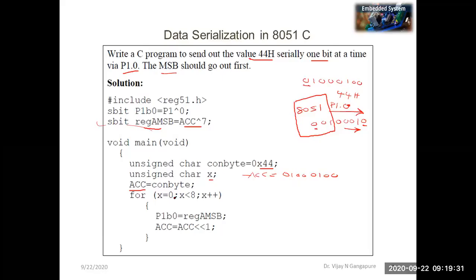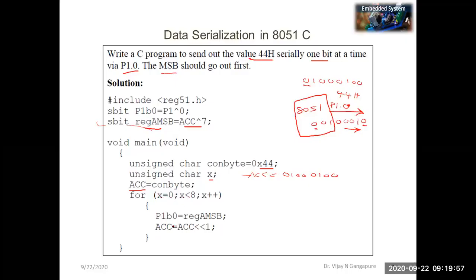For x equal to 0, x less than 8, x plus plus, means this for loop will be executed until the value in x is less than 8, starting from x equal to 0 to 7. So this loop will be repeated. These statements inside this for loop will be repeated how many times? 8 times, because the value of x varies from 0 to 7.